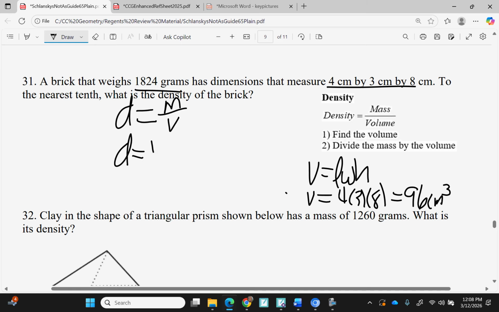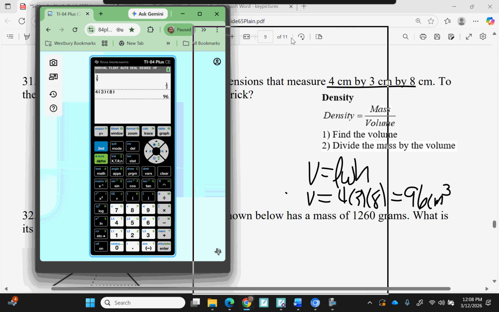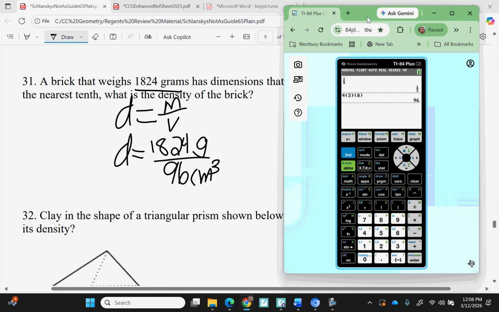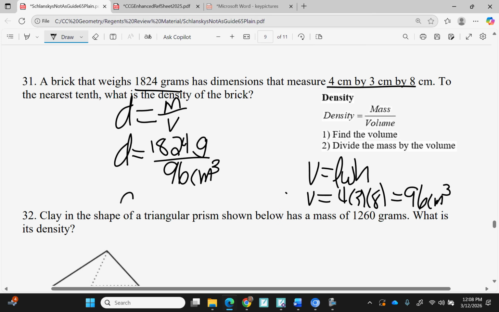They're not going to give you some scale to start weighing things when you're taking your test. They'll give you the mass. Volume is 96 cubic centimeters. Divide them. 1824 divided by 96 is 19. So the density is 19 grams per cubic centimeter.